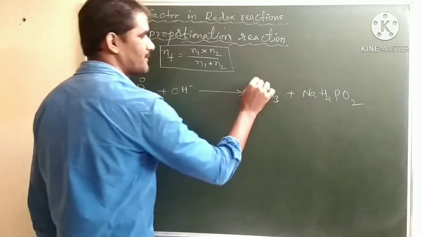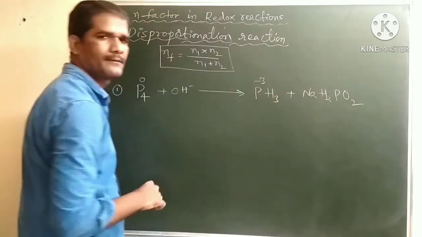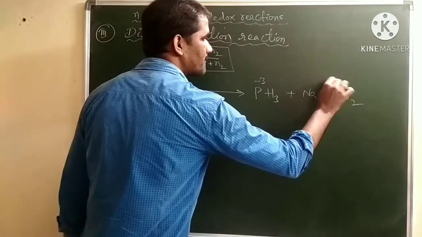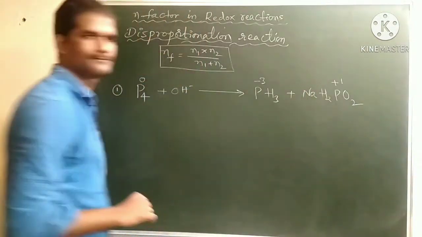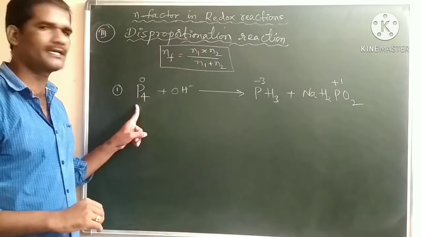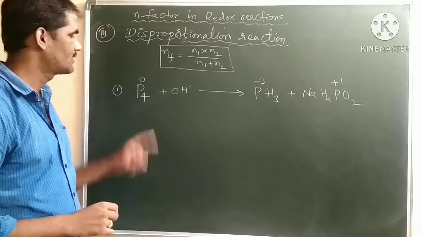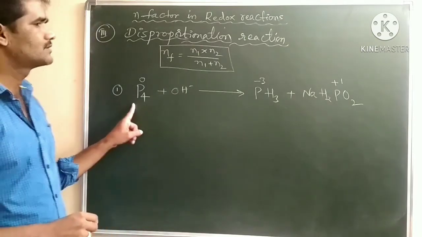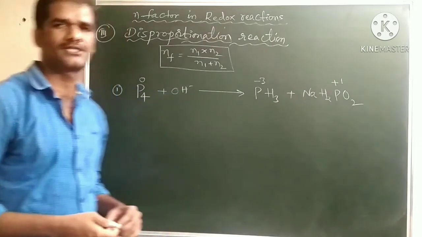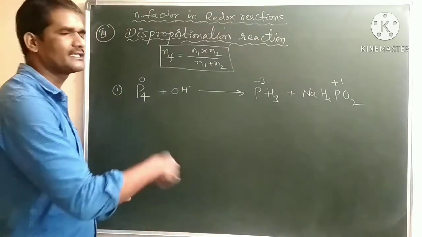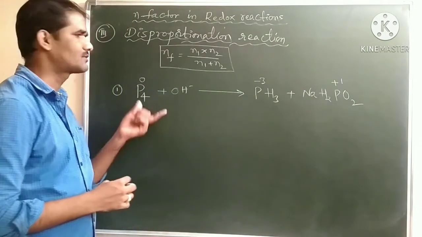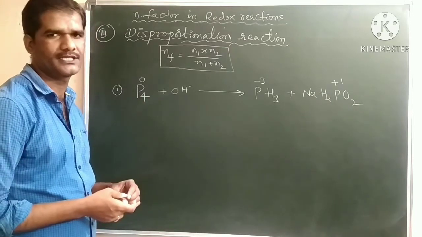In phosphine, the phosphorus oxidation state is -3. In this compound, the phosphorus oxidation state is +1. Now the same phosphorus goes 0 to -3, decreasing in oxidation state, and 0 to +1, increasing oxidation state. One is decreasing, one is increasing, same element. So we can say it is an example of a disproportionation reaction.